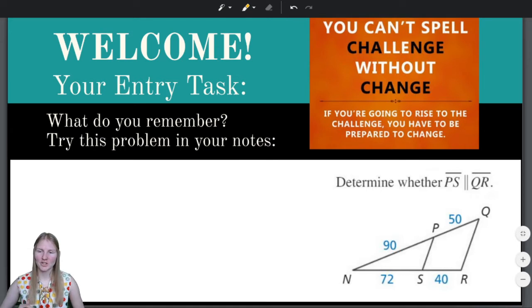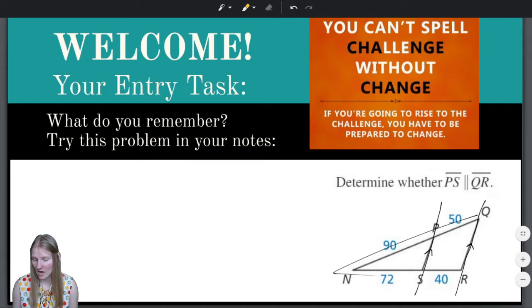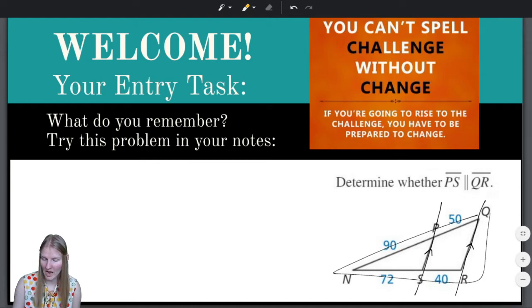So we want to know if PS is parallel, right? That's what these two lines mean, is parallel to QR. Well, we can see we have a triangle here, triangle QNR.